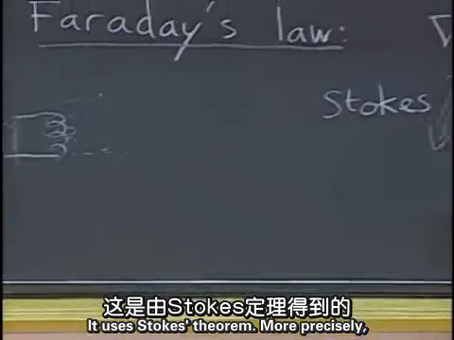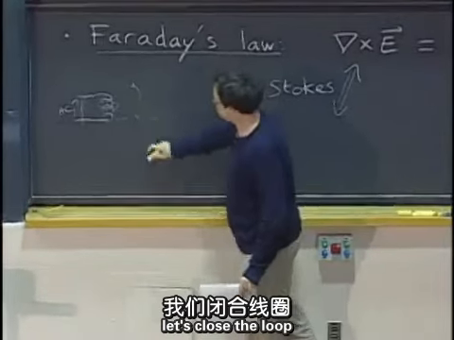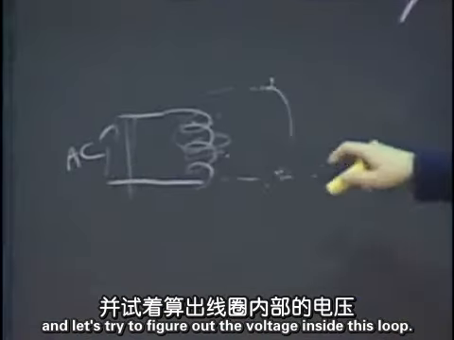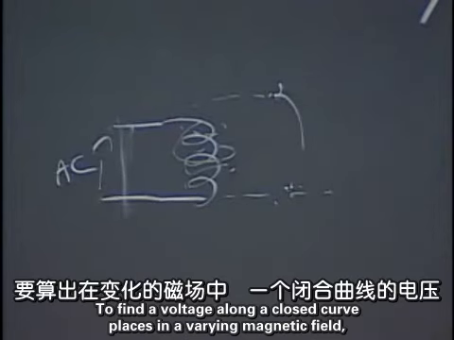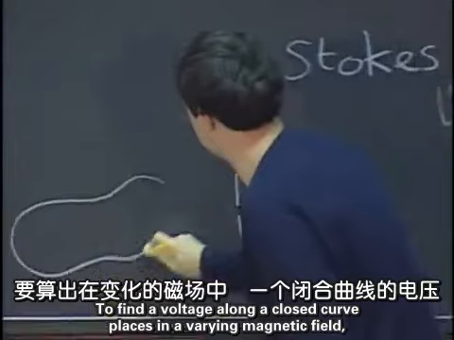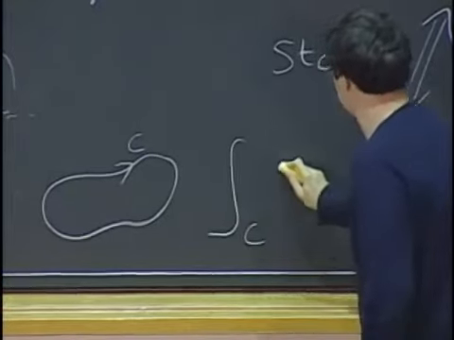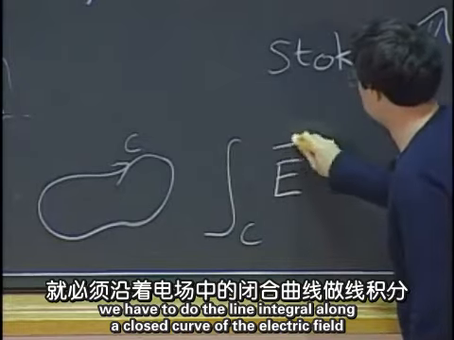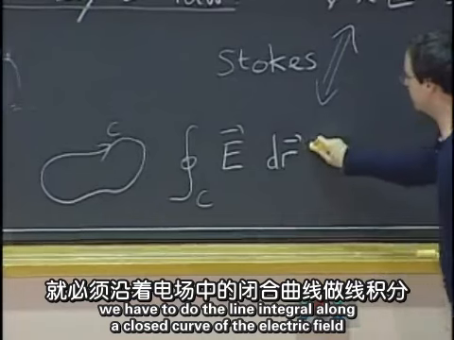Okay? So more precisely, how do we find the voltage between these two points? Well, let's close the loop, and let's try to figure out the voltage inside this loop. So to find the voltage along a closed curve placed in a varying magnetic field, we have to do the line integral along a closed curve of the electric field.